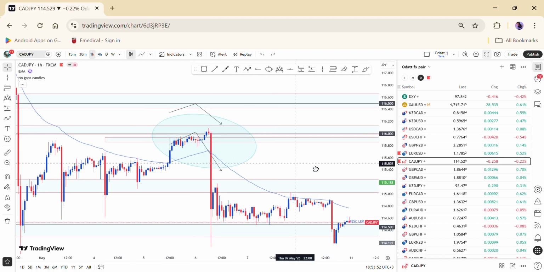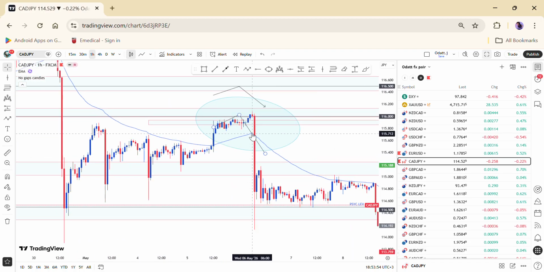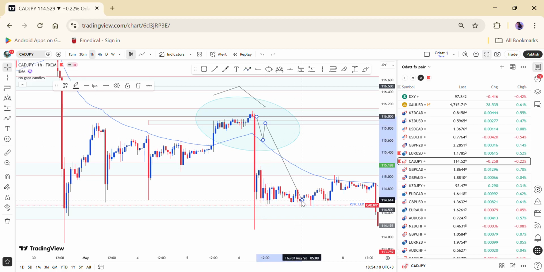On 1 hour time frame, why? 1 hour time frame didn't provide us a retest of this structure point over here. We break with this strong engulfing candlestick, fine, cool, but no retest of here, so no taking this trade.